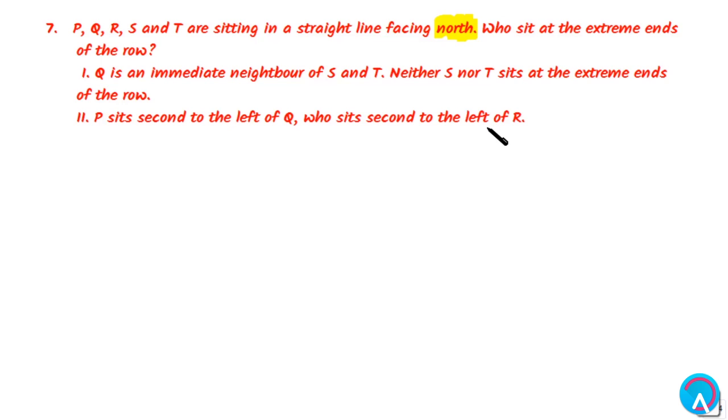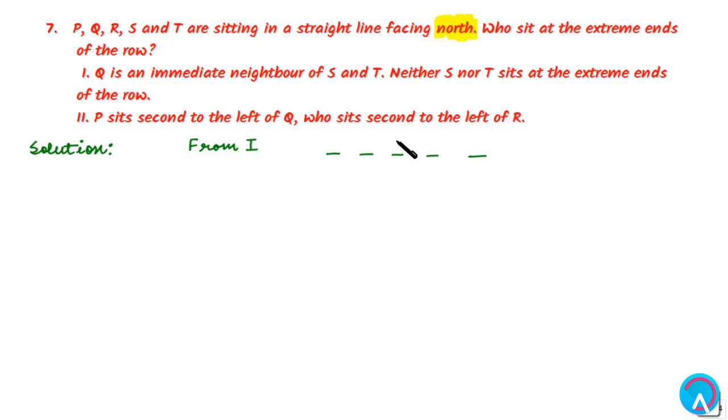Let's solve this question. Let's see what we can get from statement 1. As we can see, in the question there are 5 candidates, so we can have 5 places, 1, 2, 3, 4, 5. And it is given that Q is an immediate neighbor of S and T, and neither S nor T sits at the extreme end.